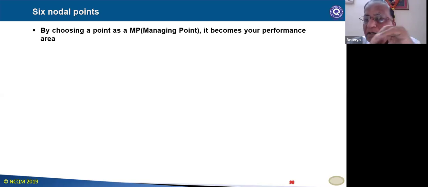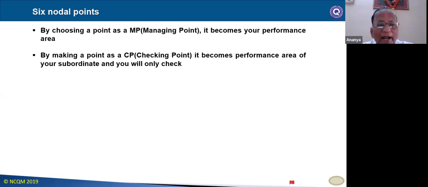Now, what they are doing there will be checkpoints for senior management, to see whether everything required has been taken care of. So daily work management, by making a point as a checking point, becomes performance monitoring of your subordinates: whether calibrated instruments were there in the operation, whether the standard operating procedure was followed, whether the production schedule was available.